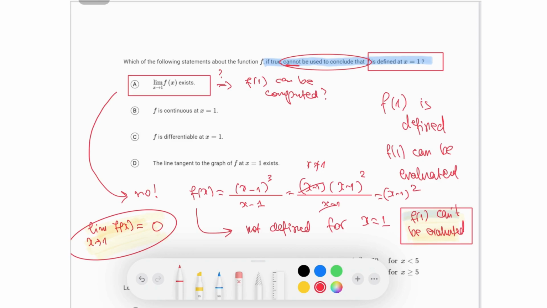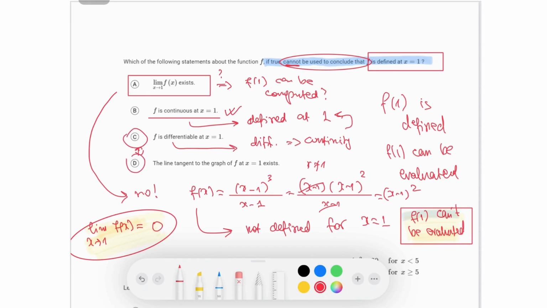Let us see B. f is continuous at x equals 1. This can be used because it has to be defined at 1. f is differentiable: yes, because differentiability implies continuity, and now you can use B. The line tangent to the graph at x equals 1 exists: yes, because this is the same as C. And then based on B, you can say it has to be continuous, therefore f of 1 is defined.